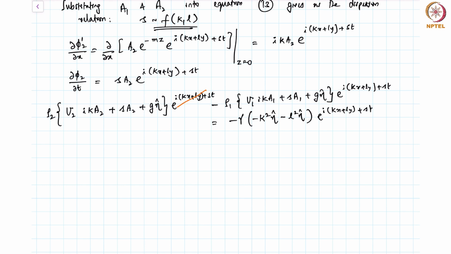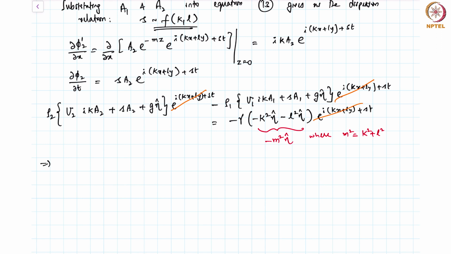I can cancel out the exponential terms on both sides. I also can recognize that this quantity here is minus m square eta hat, where m was defined as m square equals k square plus l square.